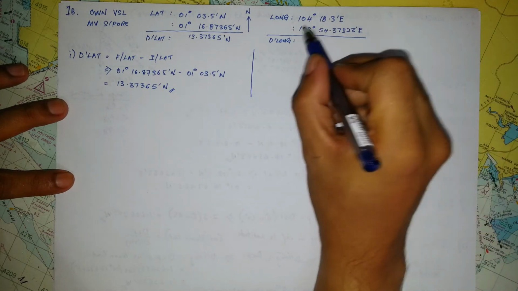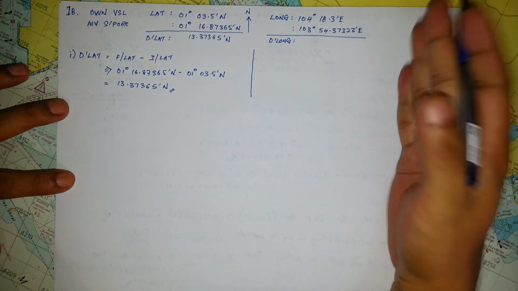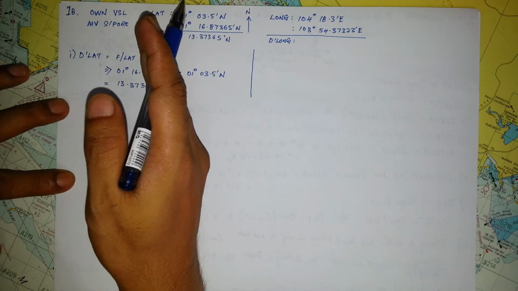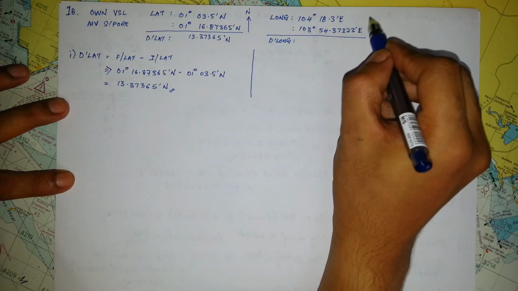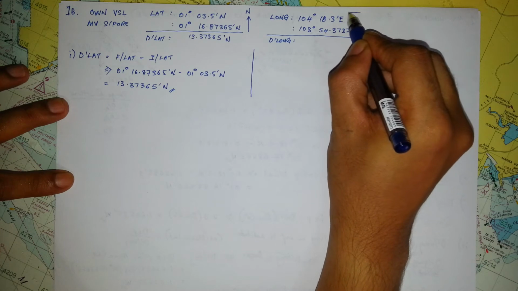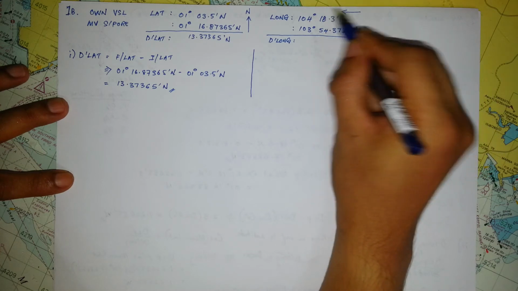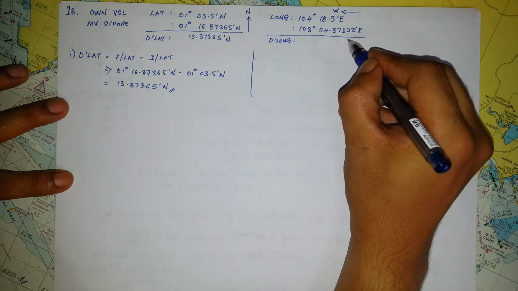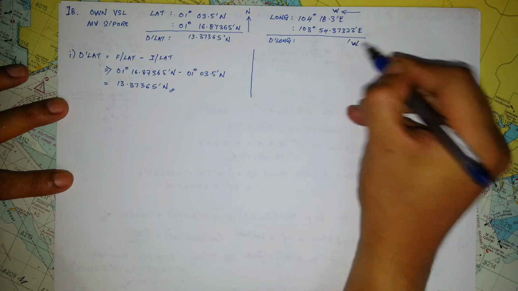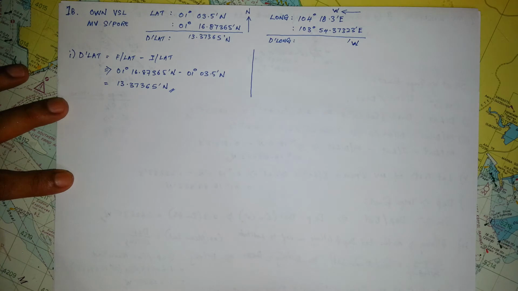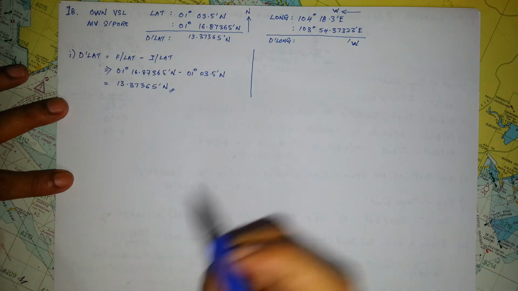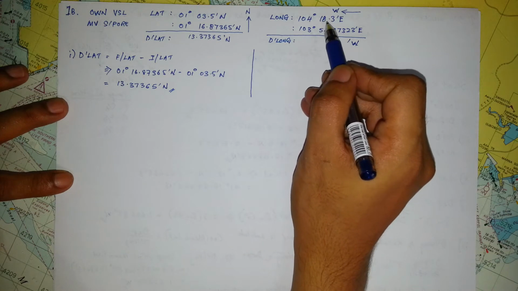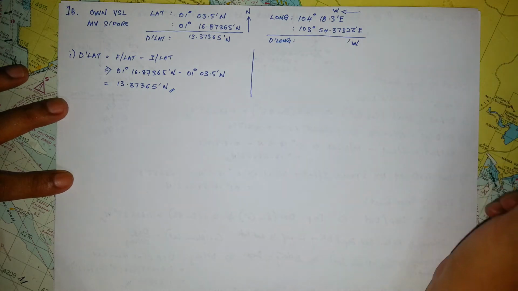Okay, from 104, which is here, we are going to 103, so we are going in this way. If this way, that means we are going into west. So the D-long will be in westerly direction. In this case, the initial longitude is bigger than the final longitude.